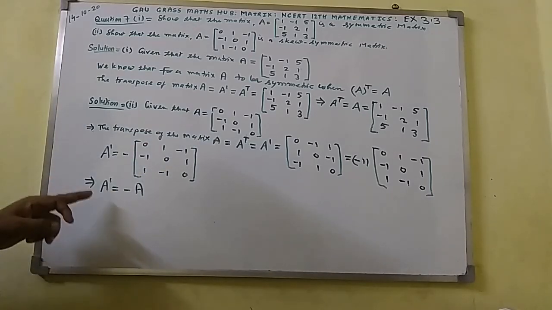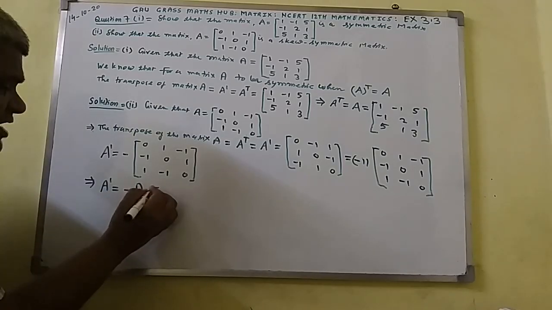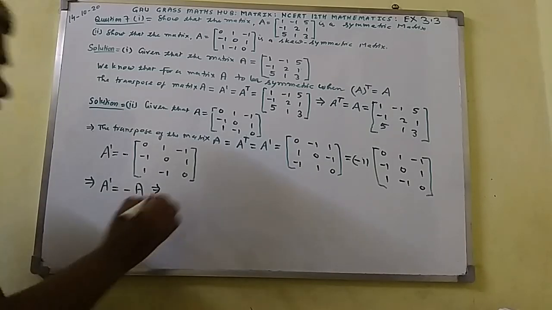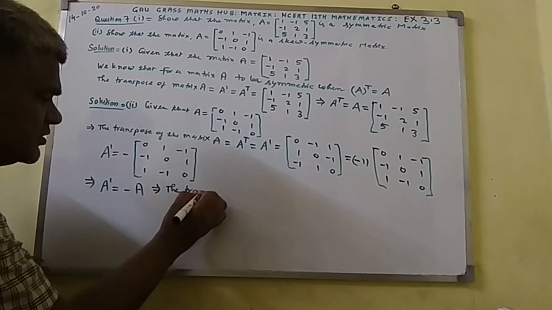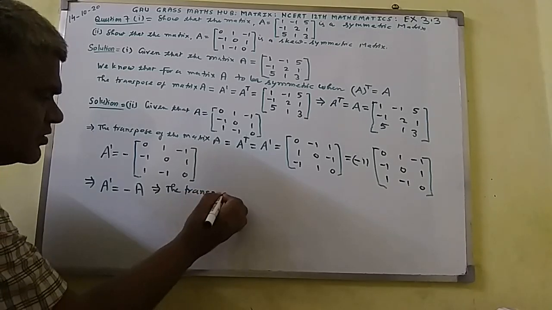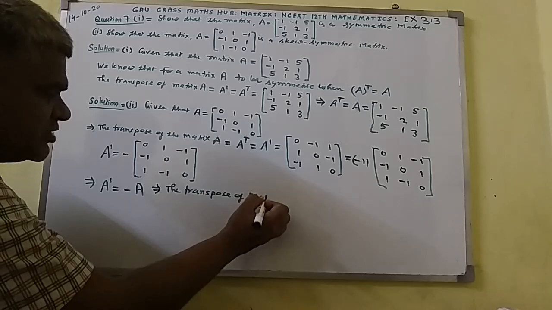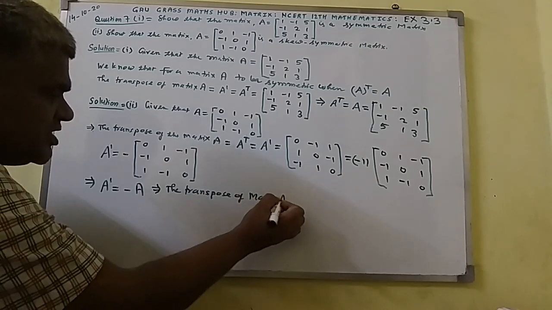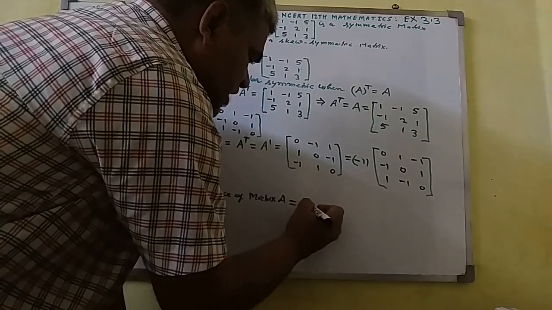So when this is the case, the transpose of the matrix A equal to minus A, implied that here I have got the transpose of matrix A equal to minus A.